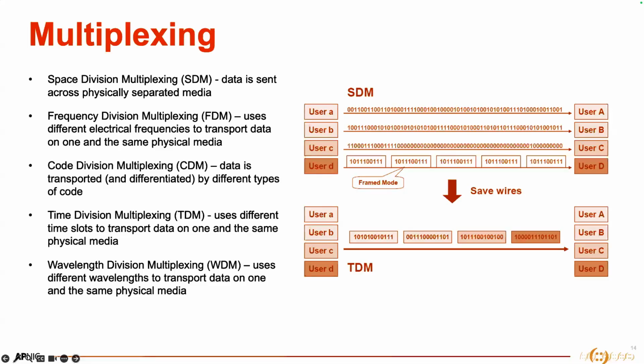Then we have time division multiplexing. Here, data is transmitted from source to destination over one physical optical fiber, a single channel, with different time slots or different time windows.